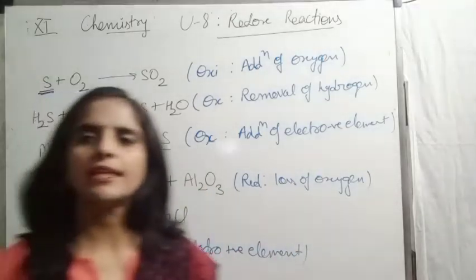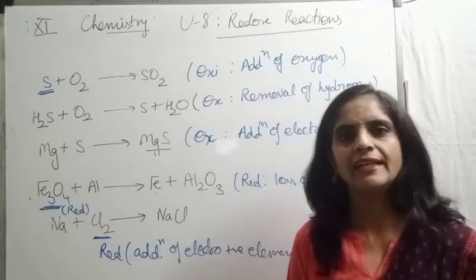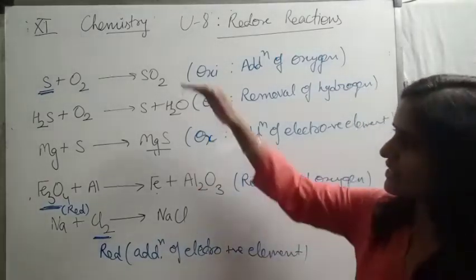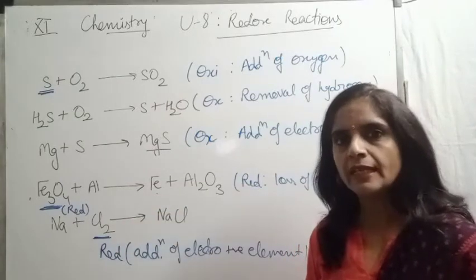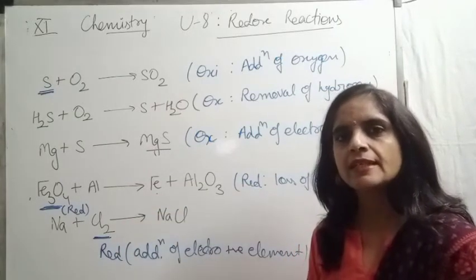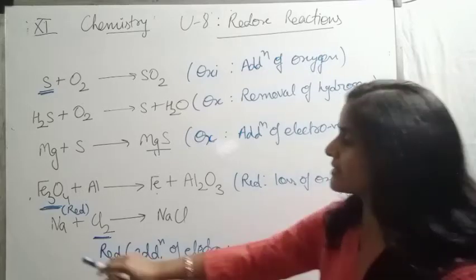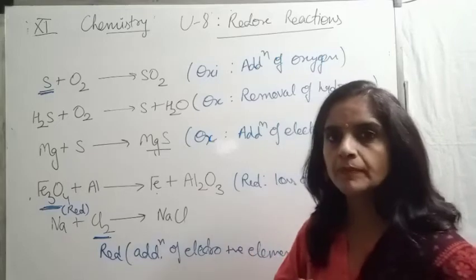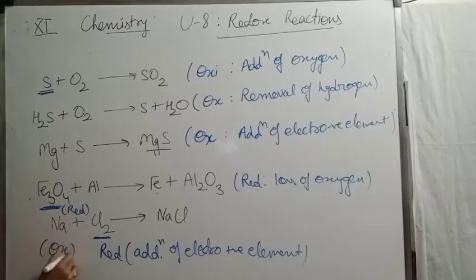So in this way, these are some different ways to define oxidation and reduction. And if we check all these reactions minutely, if one element is oxidized, simultaneously the second one is reduced. Like here, this is oxidation for sodium, but for chlorine, this is reduction.